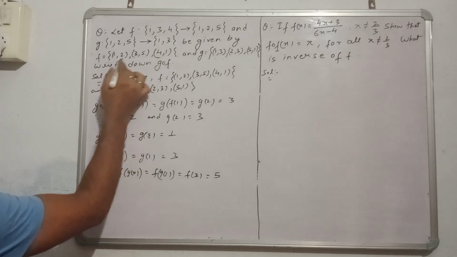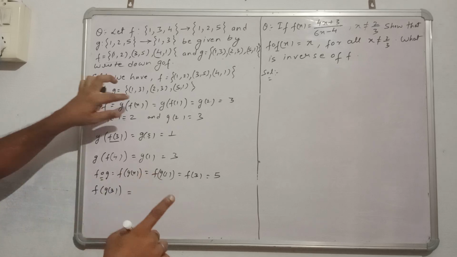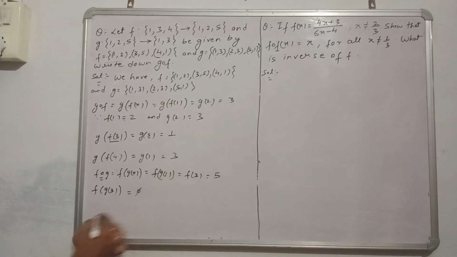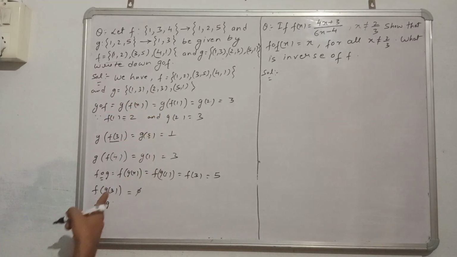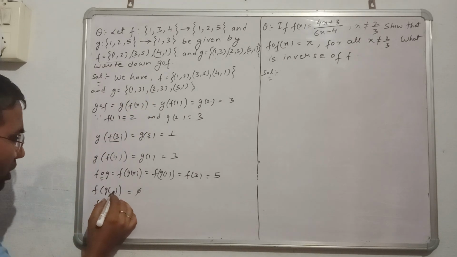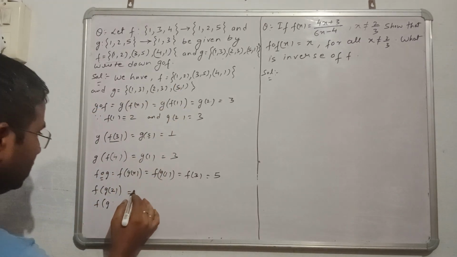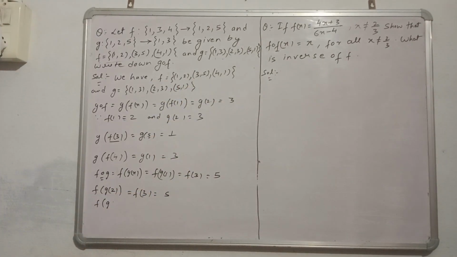Now see the next one, which is 3 in g. At 3, what are you getting in the g function? Nothing is given for 3, so nothing is there. Now the next one is 2, not 3, so here you will write 2. At 2 in g you get 3, which means you have to calculate f(3).